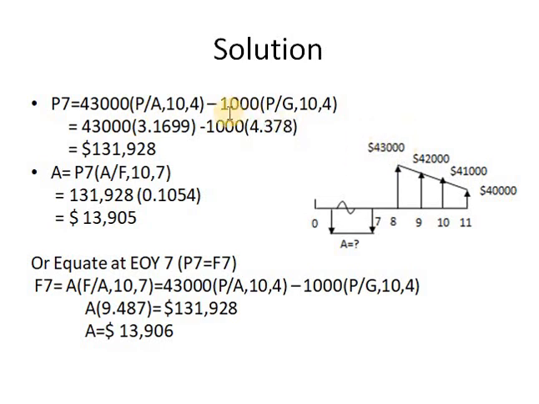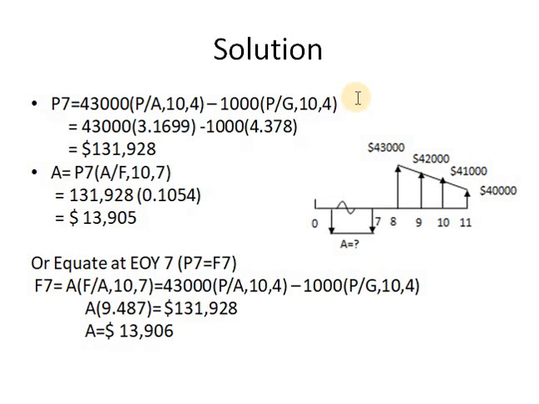Now, we have the second part related to the G, the pure gradient. What's the value of G? It is 1,000. So the present value is P equals G into P known G, i, 4. You see, because this is a decreasing gradient, the only thing that I change is this sign. Don't change anything else, because this exercise already came in the final exam last year, and what did students do?